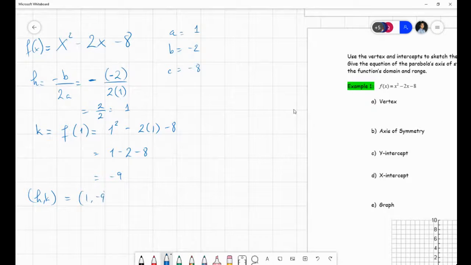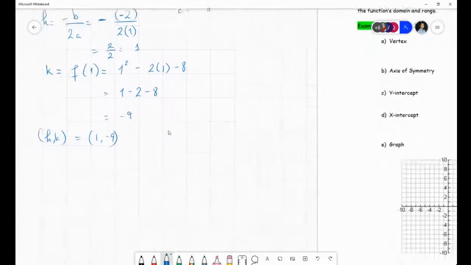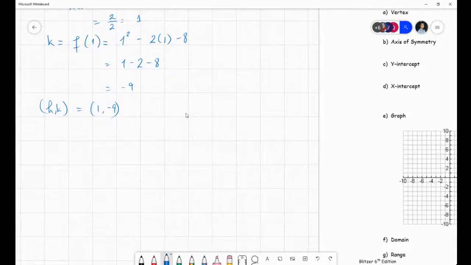So we have our (h, k) equals (1, negative 9). Now, how do we write this in vertex form? Now, vertex form requires us to have what a is, h, and k. Well, that's why I told you to write down what a is equal to. a was 1.